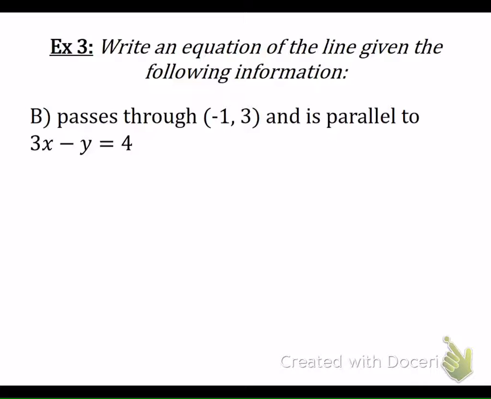I'm going to start by finding the slope of that line by getting it into y equals mx plus b. So subtract 3x from both sides, then what? Divide by negative 1. Good. So what's the slope of that line? 3. So the slope of a line parallel would be 3.